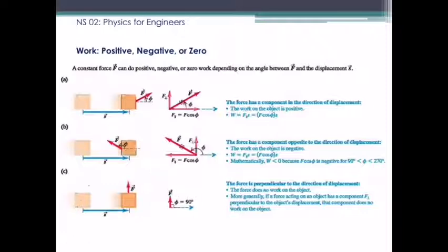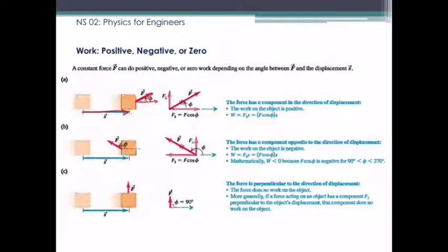The force, for illustration A, as you can see, our displacement is along here, and our force is going at an angle phi. So as you can see, it has a component that is parallel to the displacement, in the same direction, which is to the right.